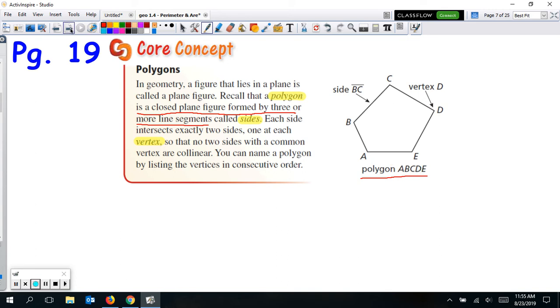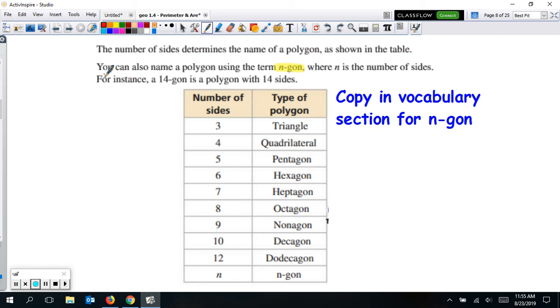All right, moving into the next part, we're going to stay on page 19. We're going to copy this little chart in the vocabulary section for the n-gon term. You don't need to write anything else for n-gon, just copy this chart. So we have numbers of sides and the type of polygon. It says the number of sides determines the name of the polygon as shown in this table.